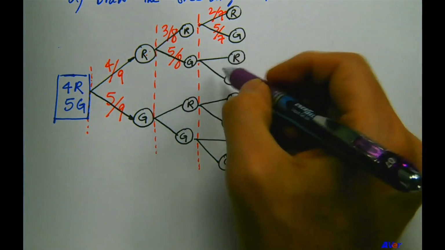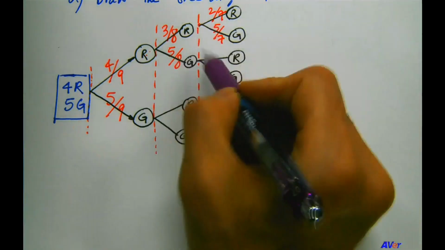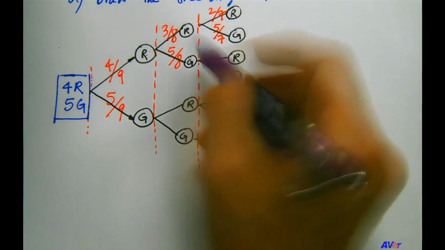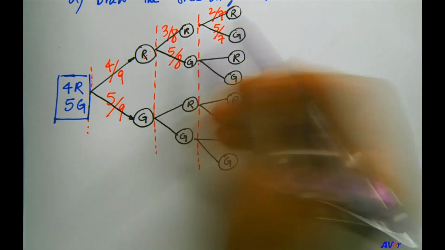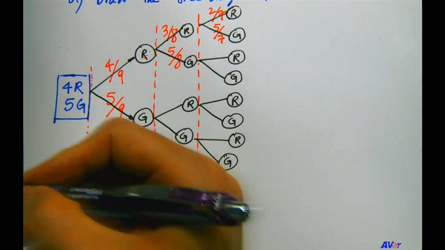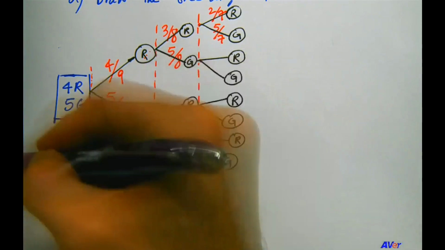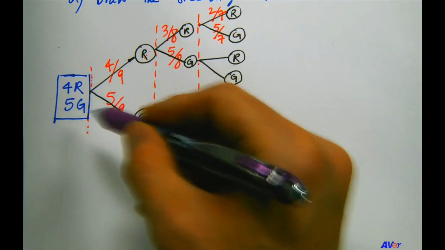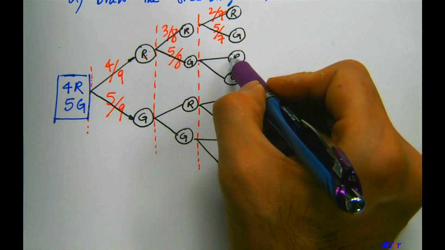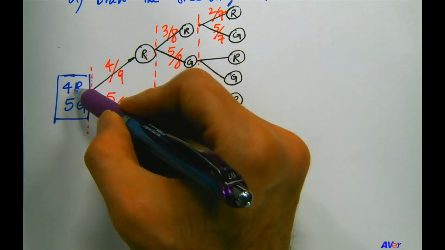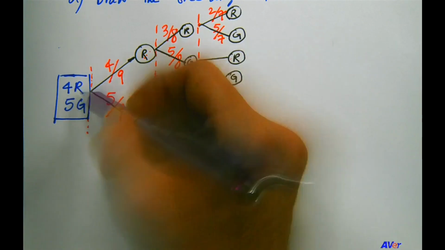Okay? So if we're here, then a red and a green object are out. So we have a total of 7 left out of 9, right? Because 2 are out. Out of the 7, to get a red one out, because one of these red ones is already out, we have 3 out of 7.